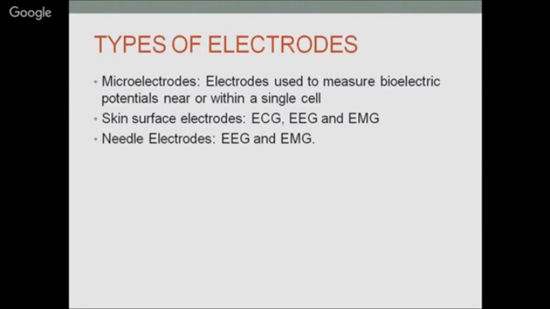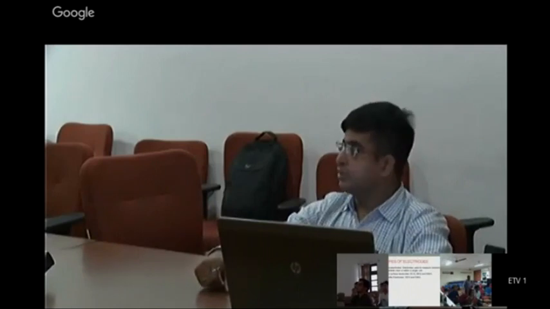Mostly we will go for disposable, because electrodes which are having wet jelly inside make a good contact with the surface, so they will give you more accurate reading if you compare with other dry electrodes. Dry electrodes are also there, but dry will not give a good result. The jelly electrode, which is wet electrode, will give you a very good result.